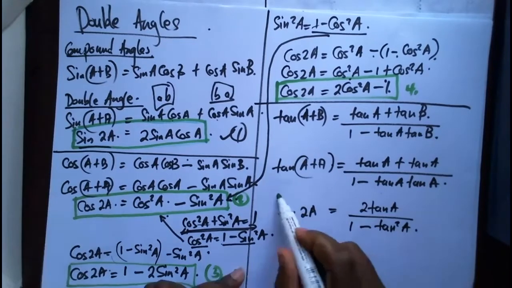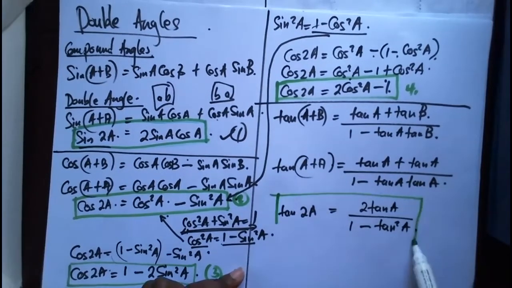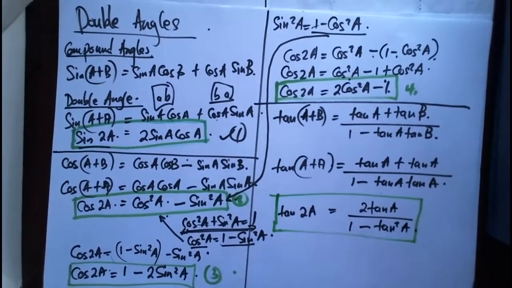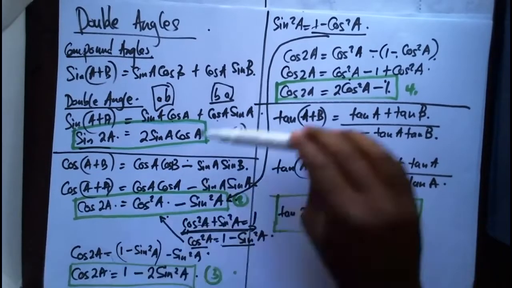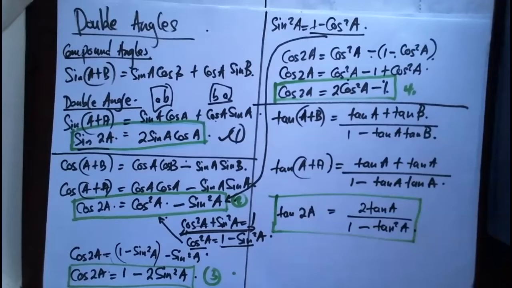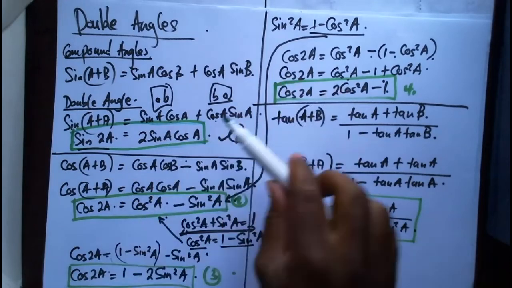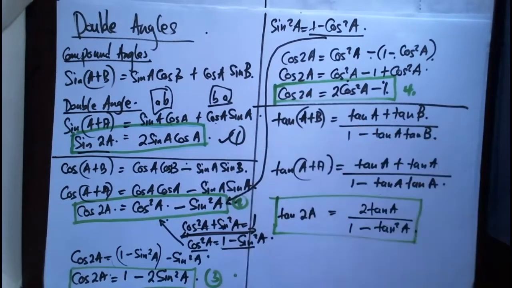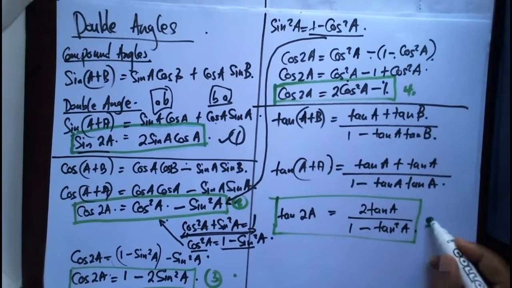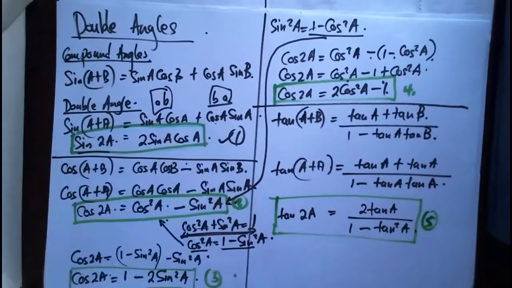So this is our third identity. For tan 2A, we only have one identity. But for cos 2A, I have identities 1, 2, and 3. And for sine 2A, I have only one identity. So these 5 identities are what we call the double angle formulas.